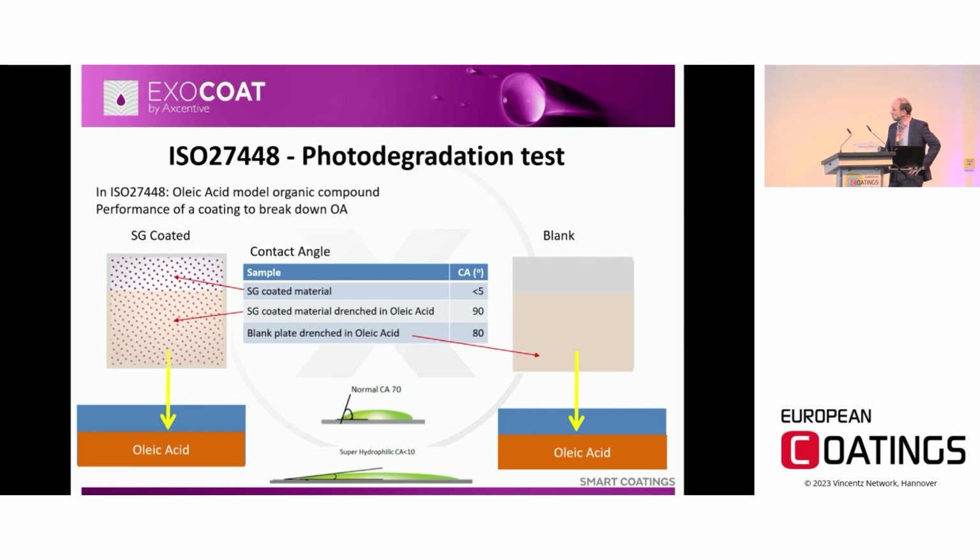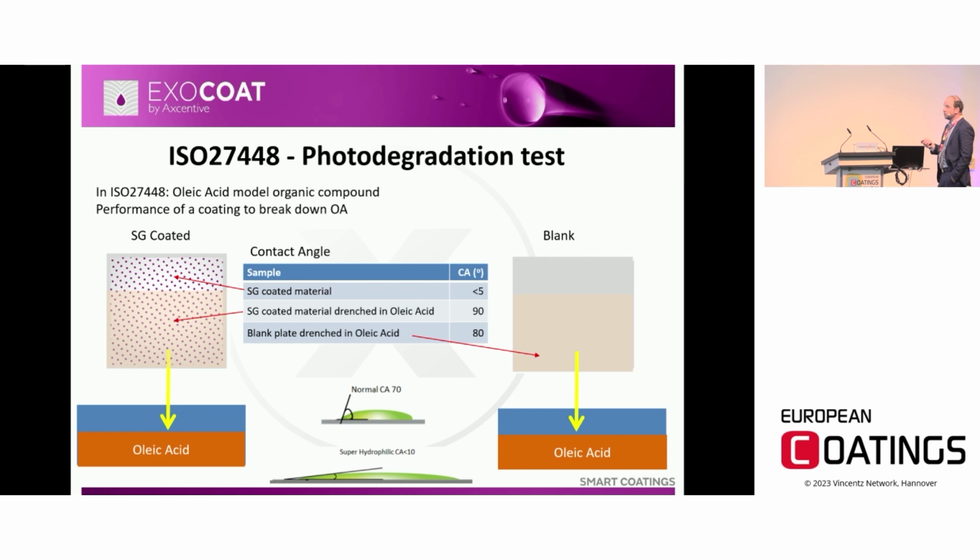But just to say something about the contact angle of water on a normal surface, say, is about 70, and if you go very low, super hydrophilic, you go to a contact angle of water with this surface of below 10. It means that it is very hydrophilic. So what did we measure here? If you look at the sol gel coating, the contact angle of this was lower than 5, so very low, super hydrophilic. We also measured the contact angle of the part which was drenched into this oleic acid.